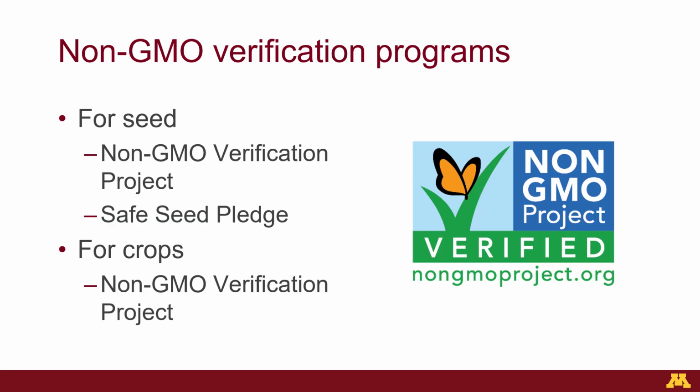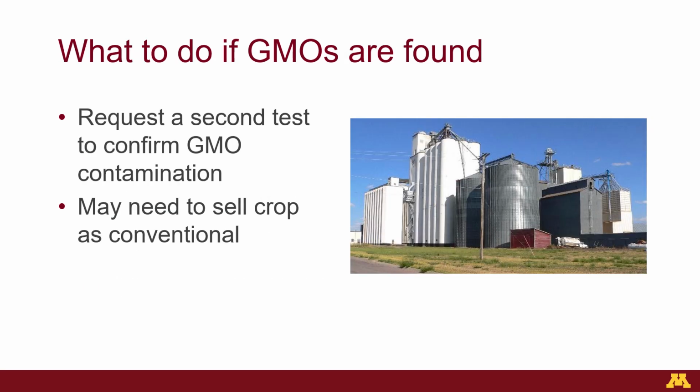Particularly if you direct market or sell a value-added product, you may also be interested in seeking non-GMO certification for your products, which provides assurance to buyers of their non-GMO status. The website for the Non-GMO Verification Project is nongmoproject.org.